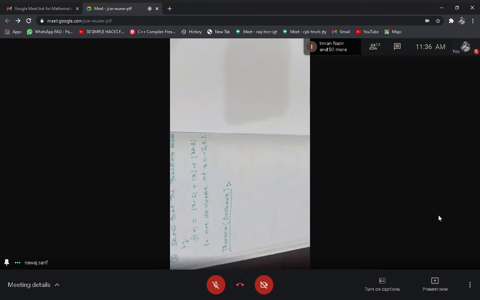If it will intersect... What is the Bolzano's theorem? Sir, f of x cuts through the axis, and there will be a point which will be 0, something like that. Just polynomial like that.